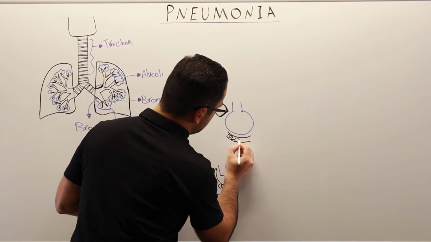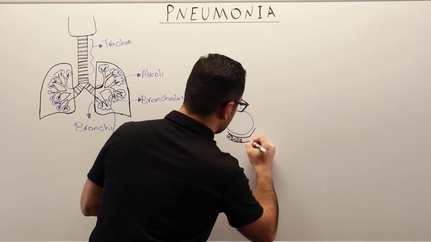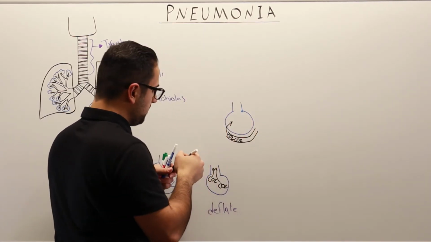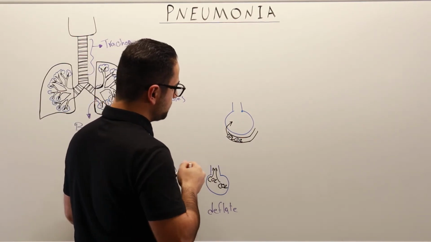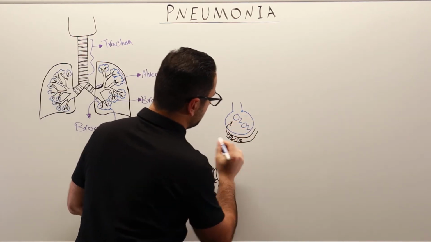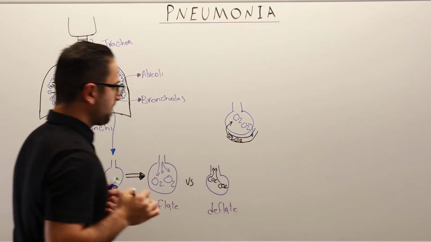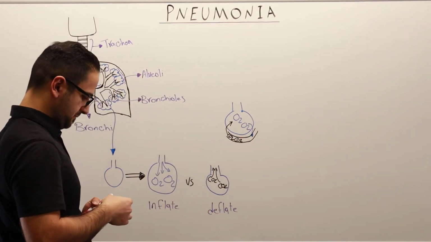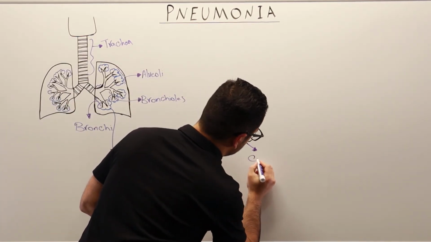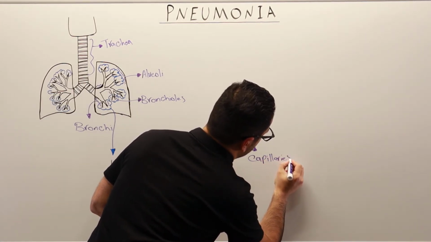So this CO2 would leave the capillaries and move inside the alveoli, and the opposite would happen to the oxygen, O2, inside these alveoli. It would leave the alveoli and come inside the capillaries. So these are the capillaries.